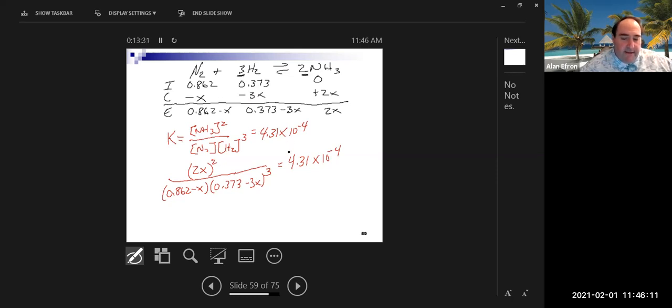And the main thing is, if we look at our equilibrium constant value here, that is 4.31 times 10 to the minus 4. That should tell us that that number is relatively small, right? So that is a small value of K in this particular case. When we do have a small value of K, what that tells us is when we reach equilibrium, we should mainly have reactants present.